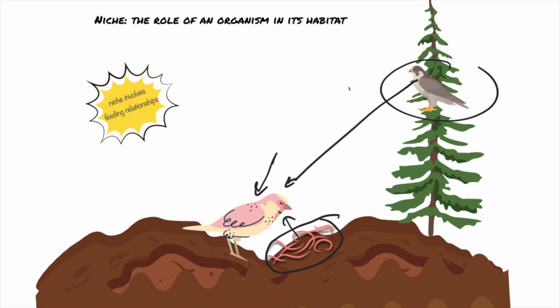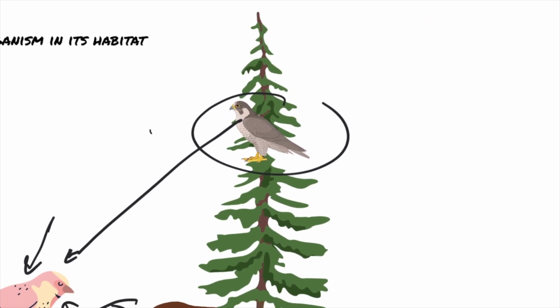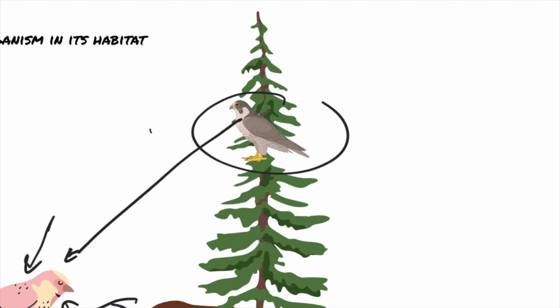Usually when it's a tree or a plant in general, you could add more because plants provide energy for the entire ecosystem. So if I was asked for the niche of this particular tree here, I would say it provides food for the birds, worms, and all of the other organisms. It also provides a habitat for all of these organisms.